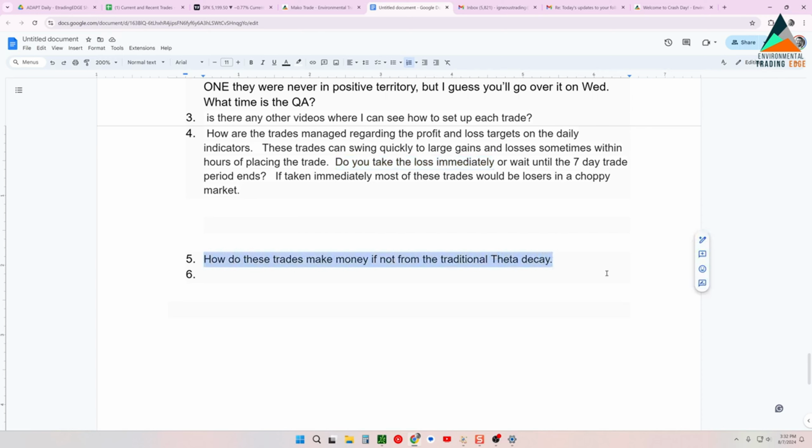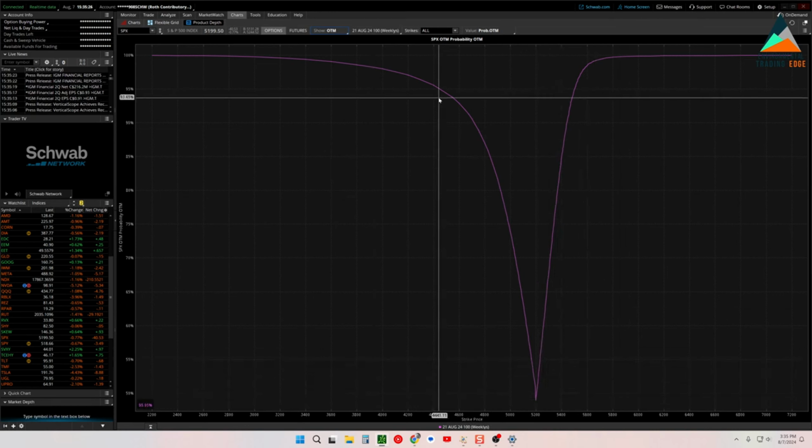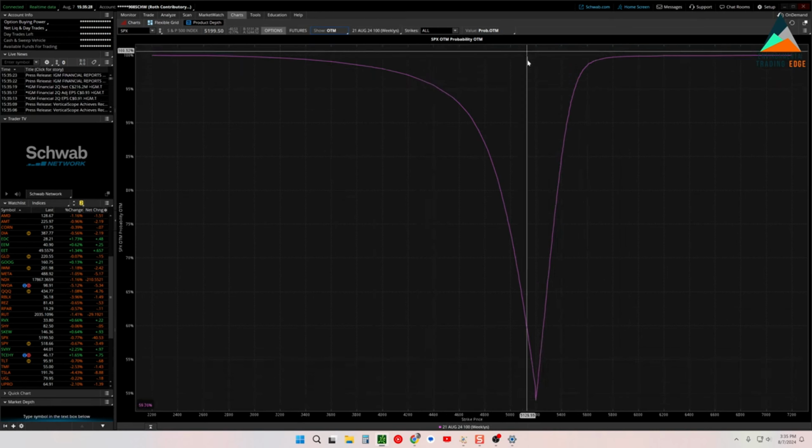How do these trades make money if not from traditional theta decay? I think I've gone through that a decent amount. It's more about the balance of risk, and the balance of how the options are priced. So here's your OTM probability.